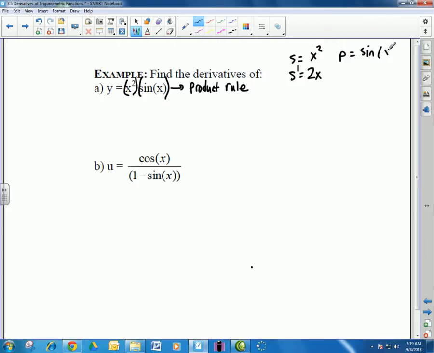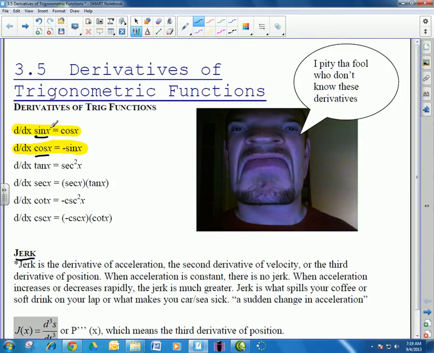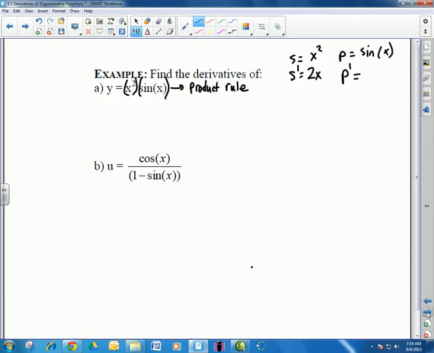This is where the new stuff for this set of notes comes in, finding the derivative of sine. If you look back, the derivative of sine is just cosine. So you can put those together: s times p prime plus s prime times p.